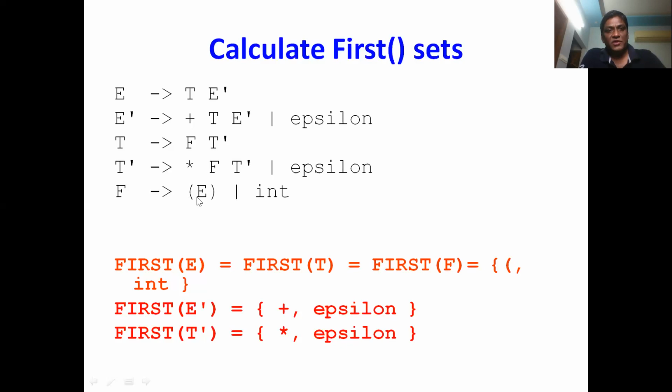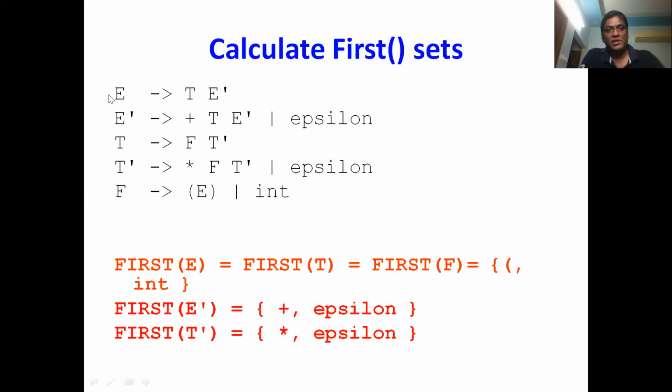So first of F is going to be open parenthesis and int. Because first of F is the same as first of T, and first of T is the same as first of E, all these three become open parenthesis comma int.